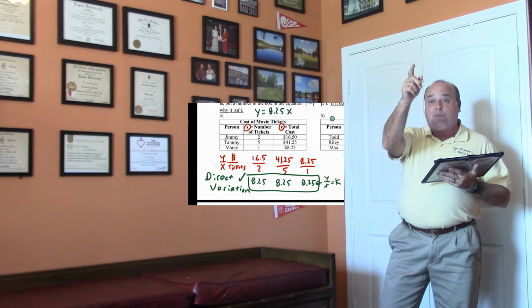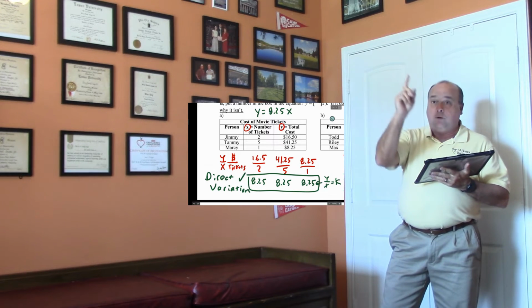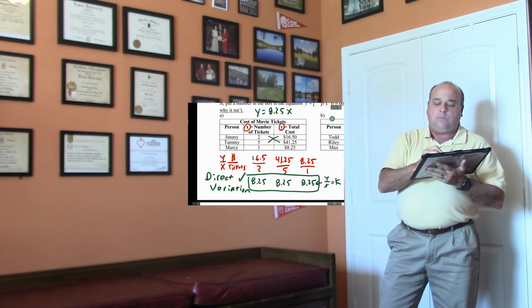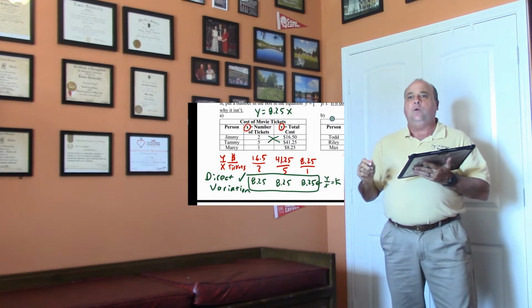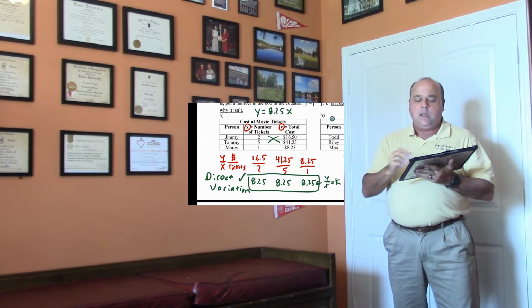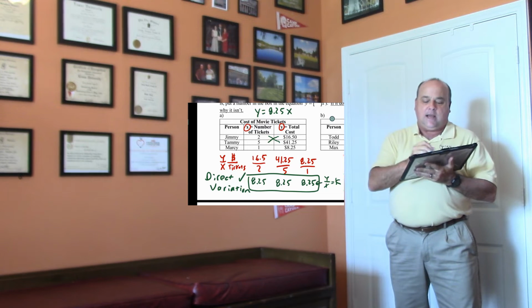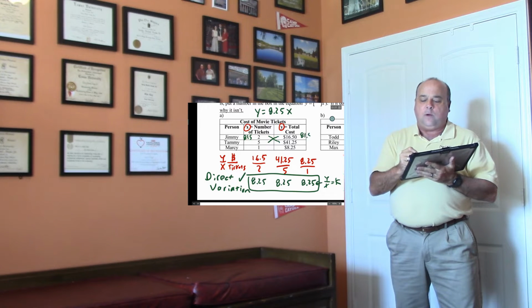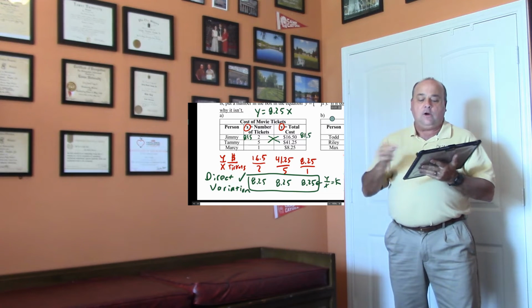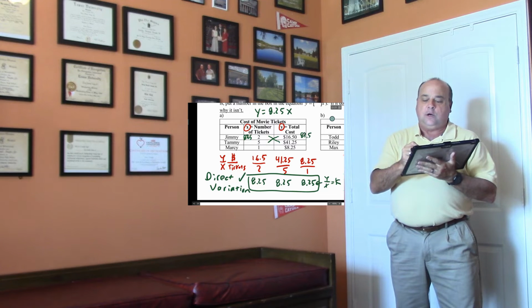And something else on this table from junior high: if you were to cross multiply, the cross products would be equal every single time. If I multiplied these two, I would get 82.5, and if I multiplied these two, I would get 82.5. Sorry about that.